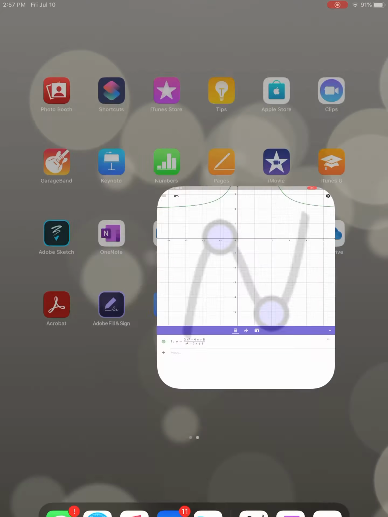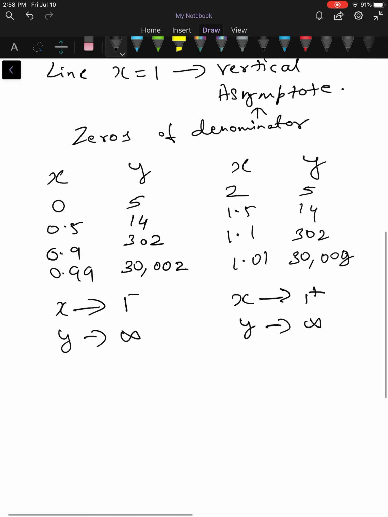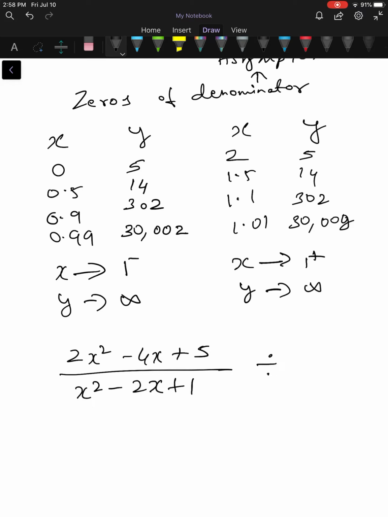To help us find this value, we divide both numerator and denominator by x square. So we have 2x square minus 4x plus 5 divided by x square minus 2x plus 1, and we divide both by x square.